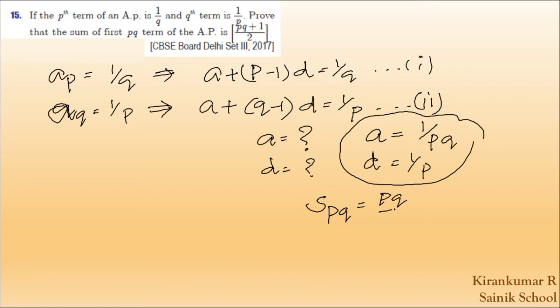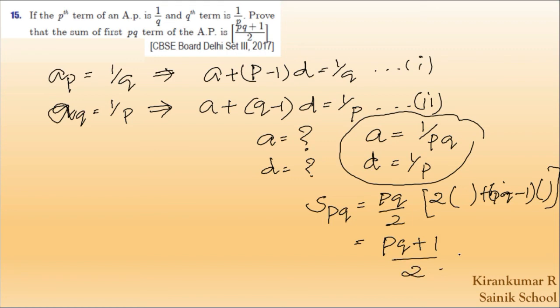This will be pq by 2 multiplied by 2a plus pq minus 1 into d. On further simplification, we will be getting pq by 2 into pq plus 1. I want you to try this.